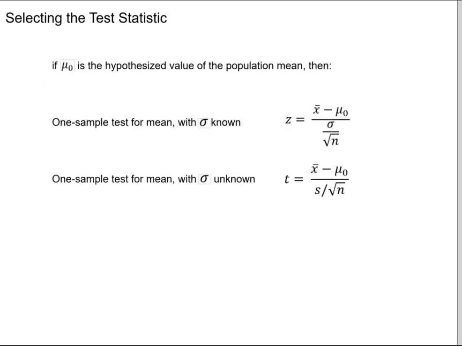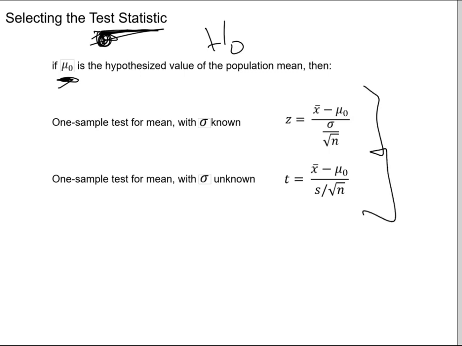And so to carry this out, we often have to think about our test statistic, right? We've got our mu, which is the hypothesized value that goes in our null hypothesis. In order to carry out the test, we need what we call a test statistic, that tells us about the value of our evidence in relation to the way we've structured our decision rule.